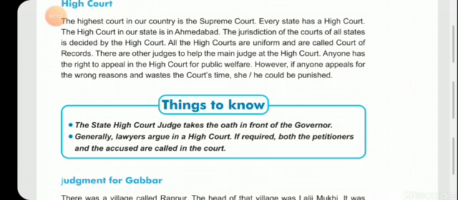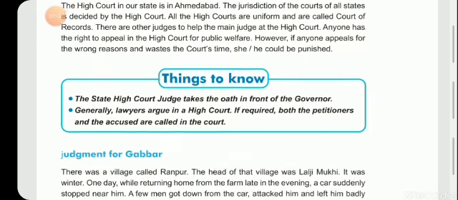But if the court finds that the person is just wasting the time of the court and the reason for which they have come to seek justice is not valid enough, then she would get punished for wasting the time of the court.